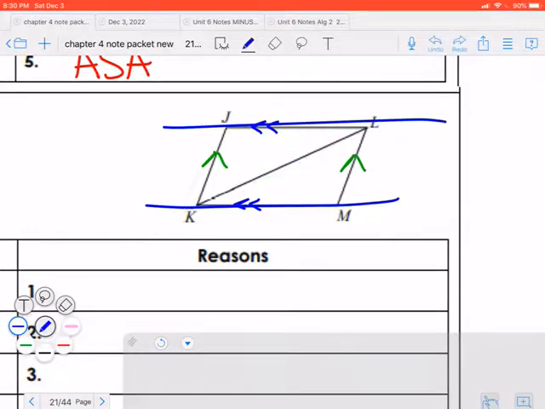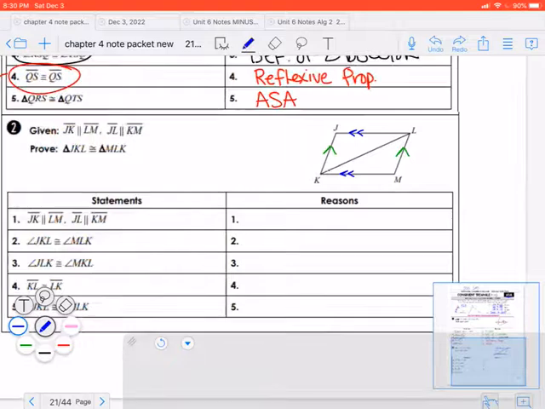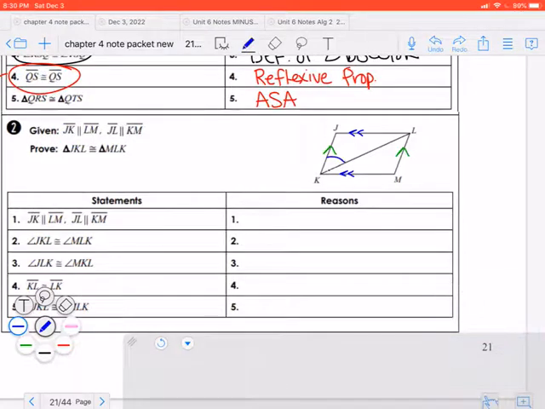Oh wait, I think I messed up. JKL with MLK. So yeah, that would be those parallel lines with the shared side being the transversal.